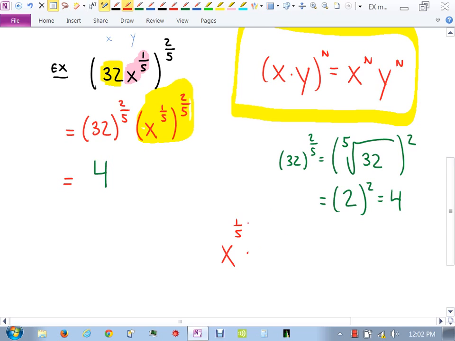But because it's like this, I multiply them. 1/5 times 2/5. And that's a good thing because when you do multiplication of fractions, it's just straight across. 2 over 25. So x to the 2 over 25.